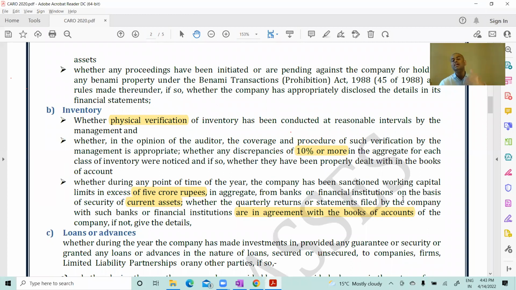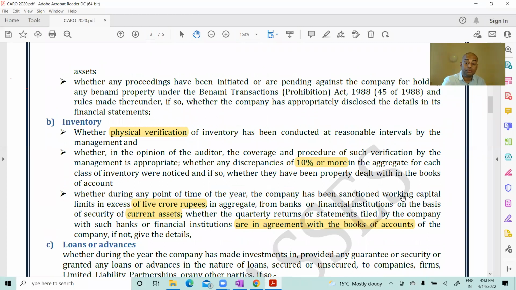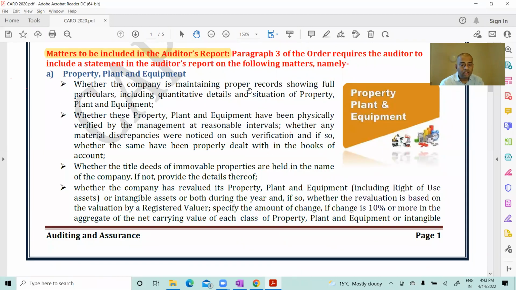Then the next point is the Benami Transactions Prohibition Act. So here, whether the company is maintaining proper records, same old point. Whether the management is doing physical verification at reasonable intervals, same old points. Discrepancies noticed, how they are dealt with in the books of account.